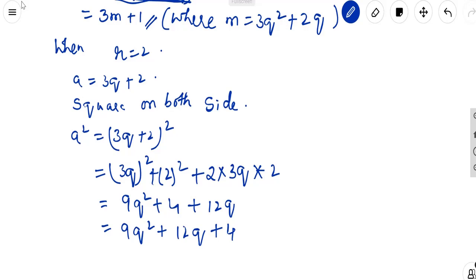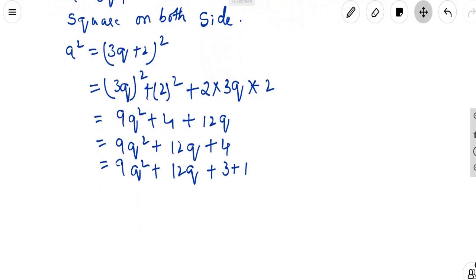Now this 4, I can rewrite in the form of 3 plus 1, because I cannot take it outside. If I want to take a common factor here, it should be in the form of 3. So I'll rewrite this equation again: 9q square plus 12q plus 3 plus 1.